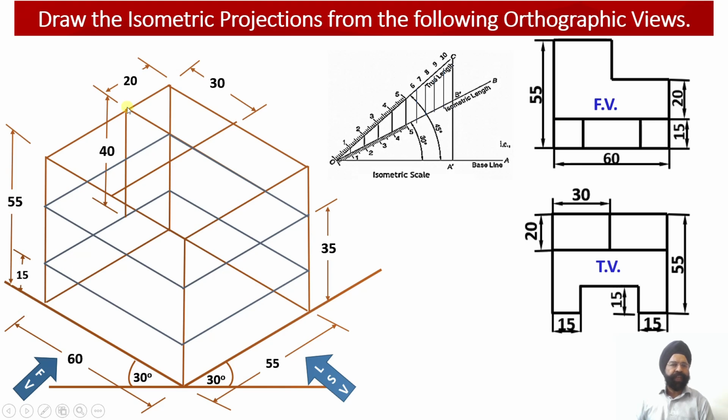So starting from here, I have been able to draw the vertical edge terminating at the top surface of the first ring which I had drawn at a height of 15 millimeter. So this edge has been located.